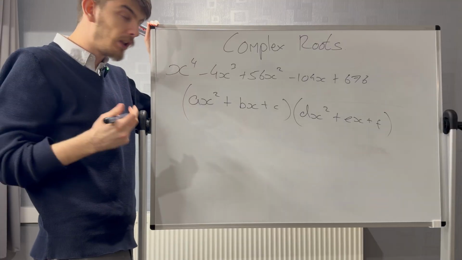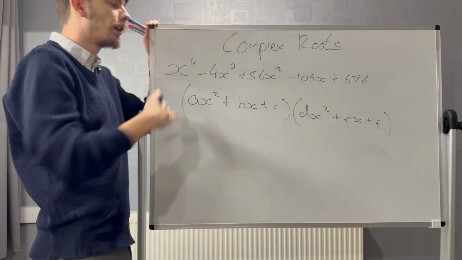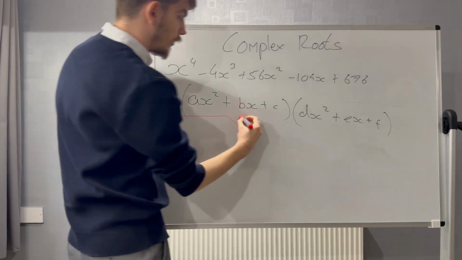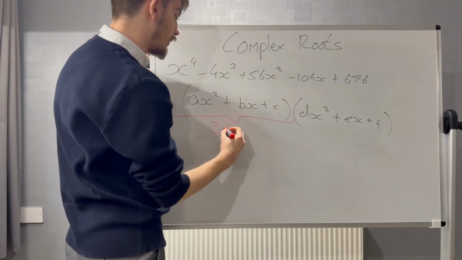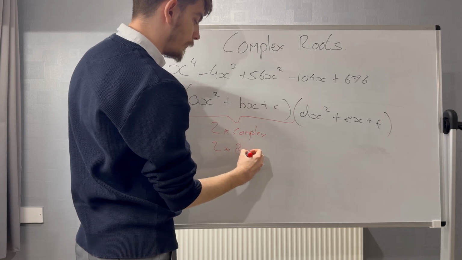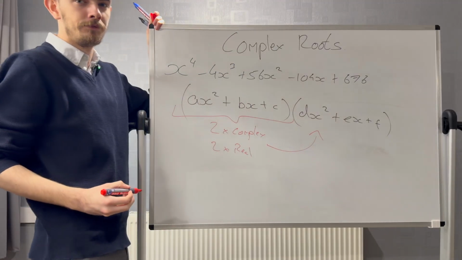Because of this, we can also figure out something to do with the roots. The same way we did for cubic, we're going to look at my quadratic rules. So I know that the roots of this quadratic here are either 2 times complex or 2 times real. Never one of each. And the same thing applies to this one.